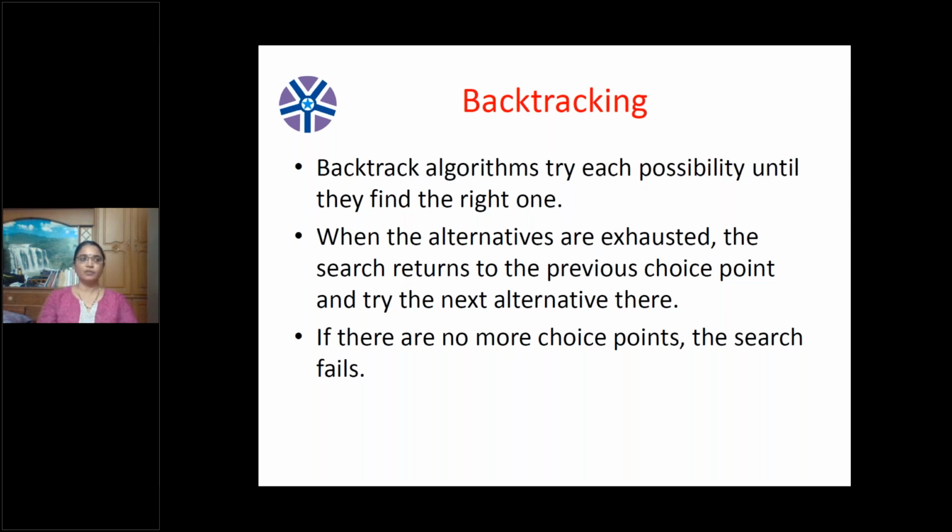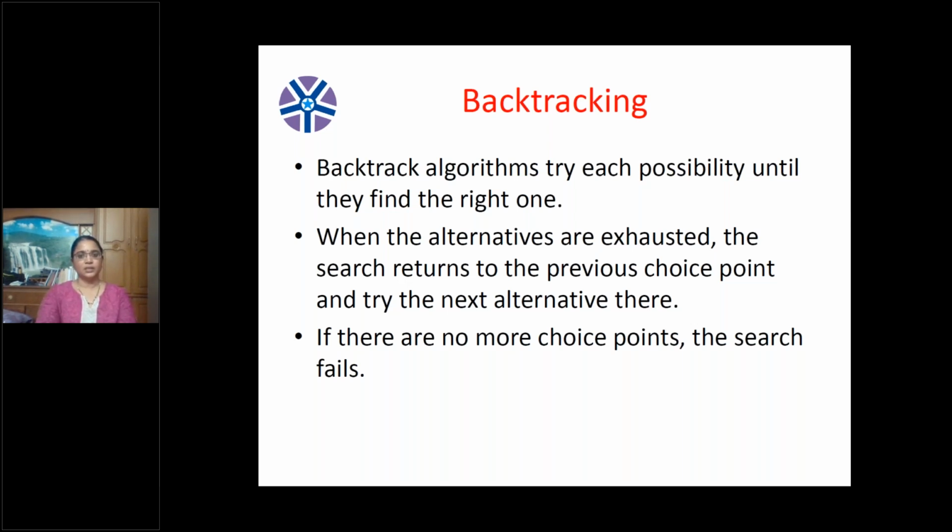If a solution can be obtained, we'll move in this path. If not, we will backtrack to the previous stage and move to the next alternative choice. If there are no more choice paths, the search fails. It means there is no solution to that problem.